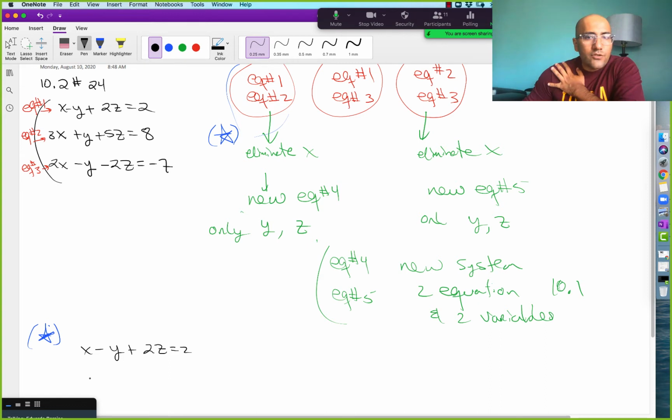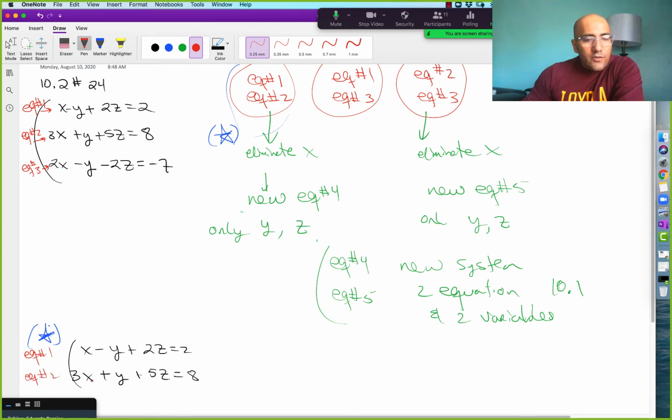And equation number 2 is 3x plus y plus 5z equals 8. So here's my system of equations with equation 1 and equation 2.